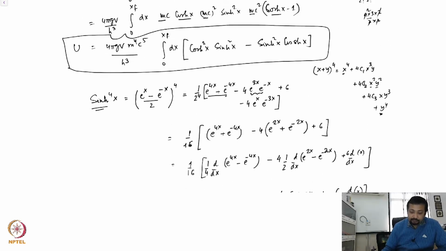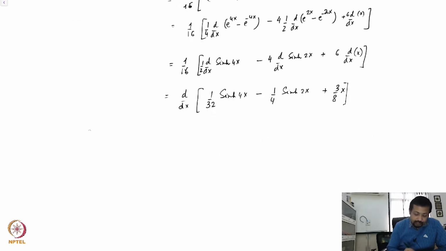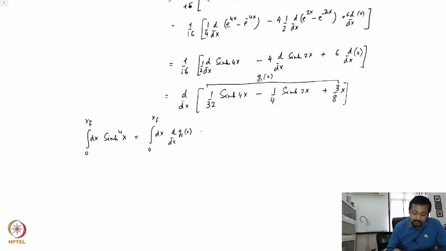Similarly, so therefore let's just first write down 0 to xf dx. This is going to be 1 by 32. So let me call this function, let's say g1 of x, is integral dx 0 to xf d dx of g1 of x, which gives me g1 of xf.